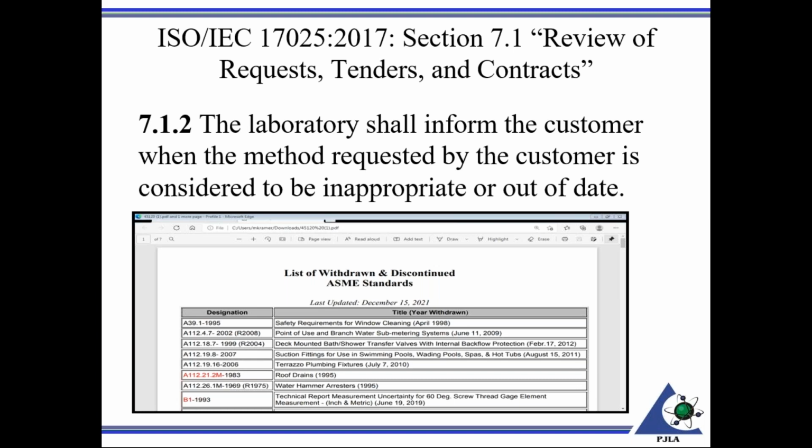It's not appropriate to use those methods. Perhaps they've been superseded by an updated method. So if for whatever reason this does occur, you're expected to inform the customer and perhaps educate them that the method being proposed is, whatever the case may be, out of date, withdrawn, or discontinued.